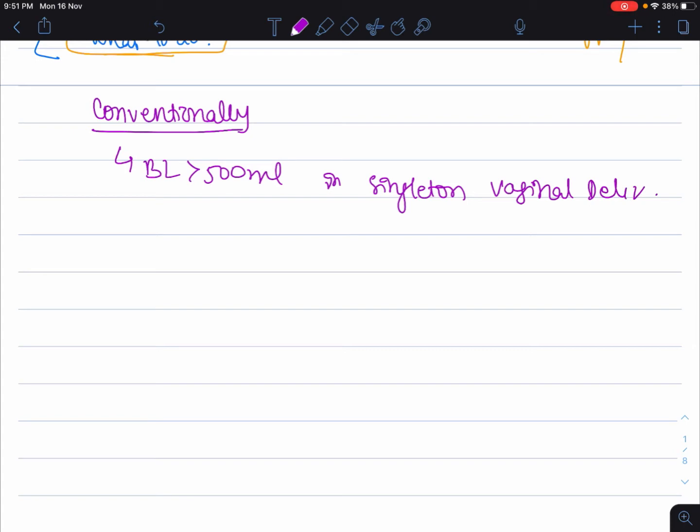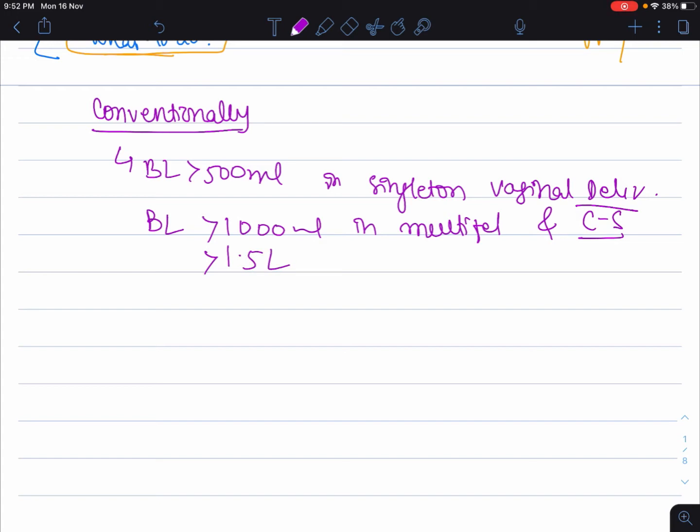Then over time, if blood loss was more than 1000 ml in multifetal or twin pregnancy, vaginal delivery and normal cesarean section, then it was PPH. If it was more than 1.5 liters in hysterectomy, then we used to call it PPH, right?